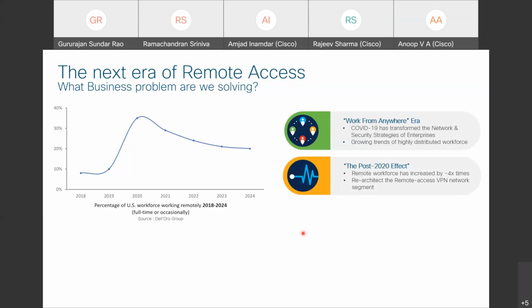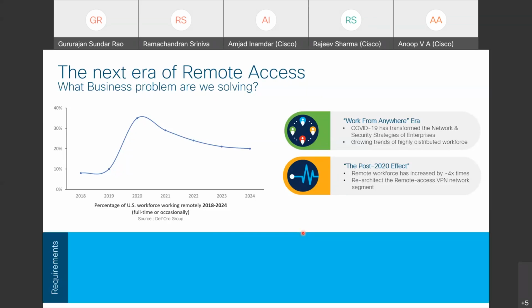Which means the whole remote access architecture needs to be rethought, re-architected, and redesigned, given the current situation and given that hybrid work would be the future of work. And we also need to ensure that when this remote access traffic becomes the mainstream traffic of the enterprise, the user gets a consistent experience, with similar quality of experience as if the user is working on-prem versus remotely.